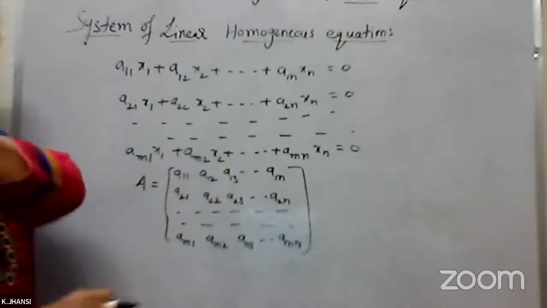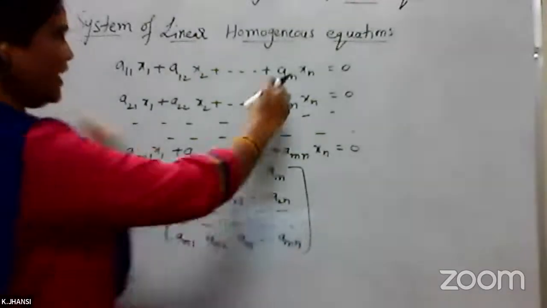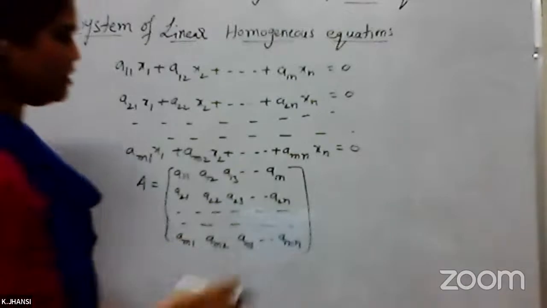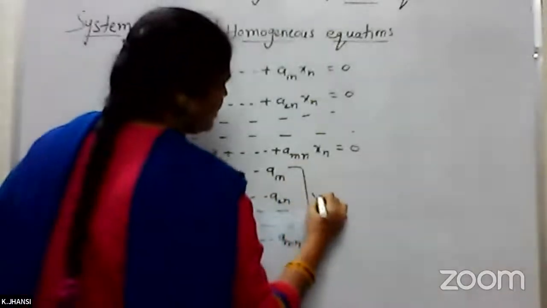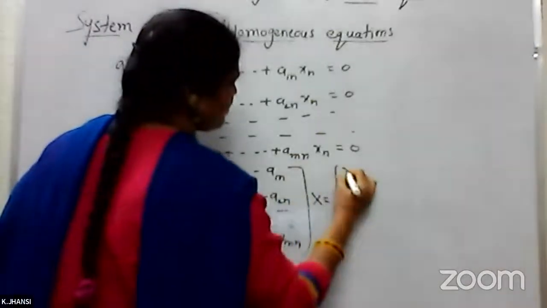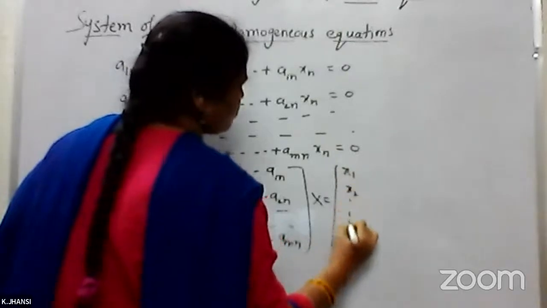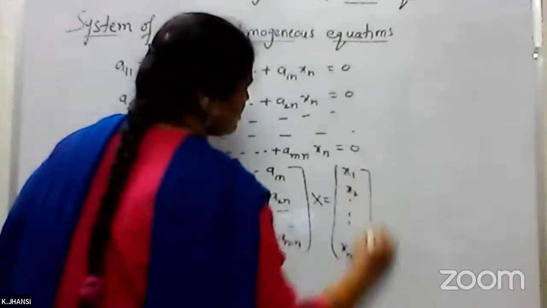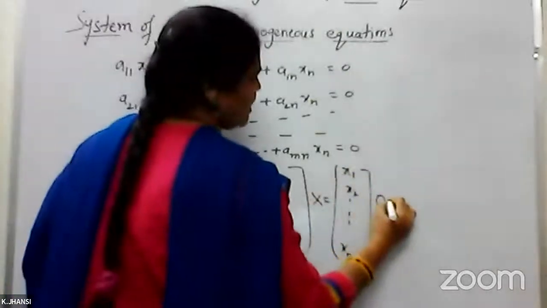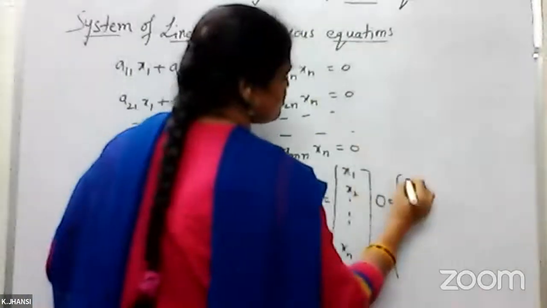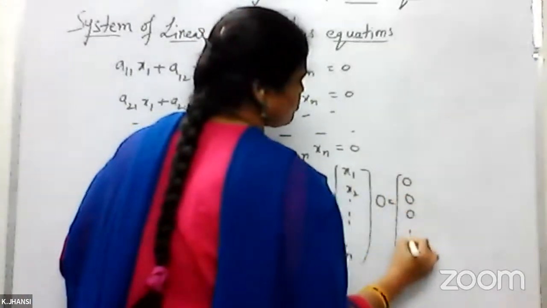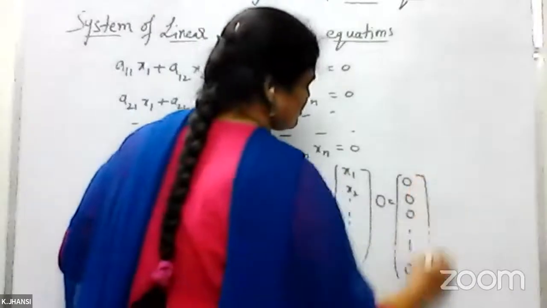It equals A11. And if you take the unknowns or the variables, capital X equals X1, X2, so on up till Xn. And the zero matrix is 0, 0, 0, so on up till 0.